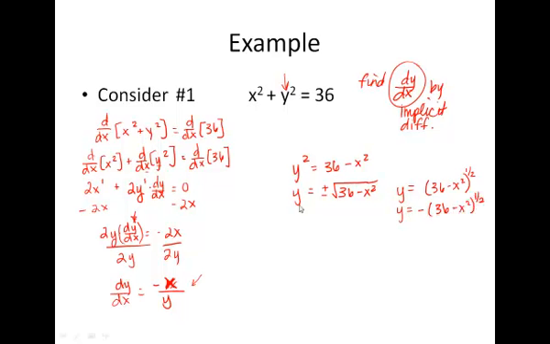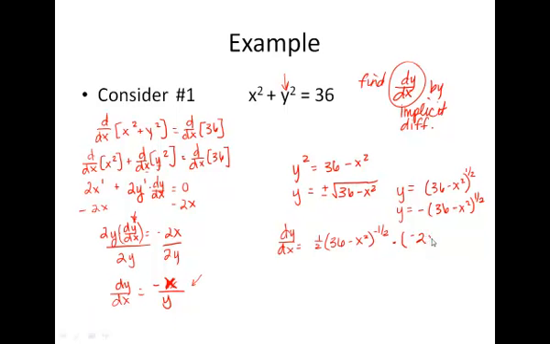If I were to derive that first equation, dy dx is equal to, and then I'm going to pull down that 1/2, derive around my inner function, 36 minus x squared to the negative 1/2, and then times the derivative of this inner function. It's going to be negative 2x.